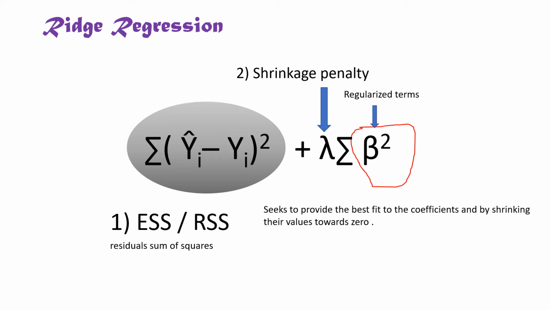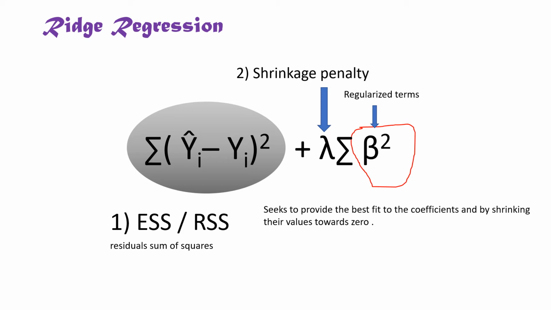And we call all these beta squares the regularized terms. You will see in the subsequent slides why these absolute values of beta for LASSO and squared values of betas for ridge regression are called regularized terms. Ridge regression seeks to provide the best fit to the coefficients, and this is done by shrinking the value of the coefficients towards zero.